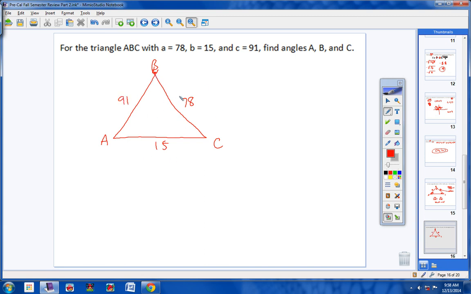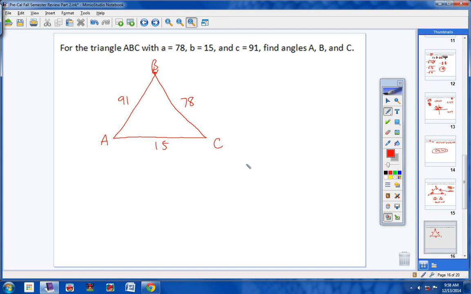Well, we're going to start off first of all by using law of cosines, okay? Hopefully you remember what I taught you. I told you guys to always, always, always solve for the largest angle first when you're using law of sines, law of cosines. So please find your largest angle first, okay?